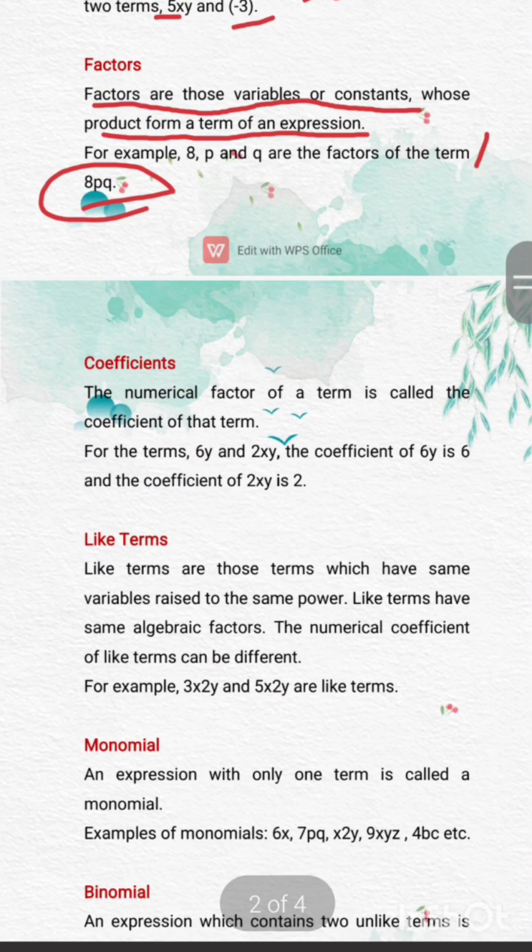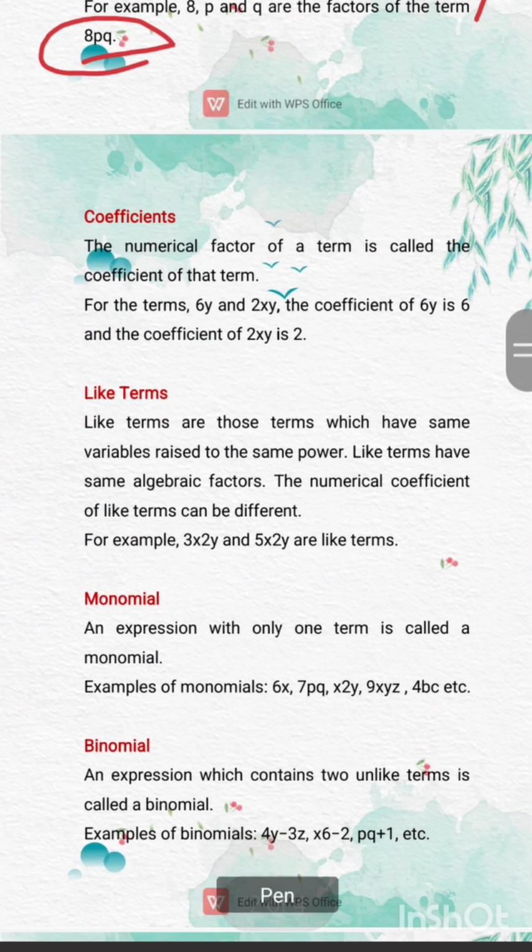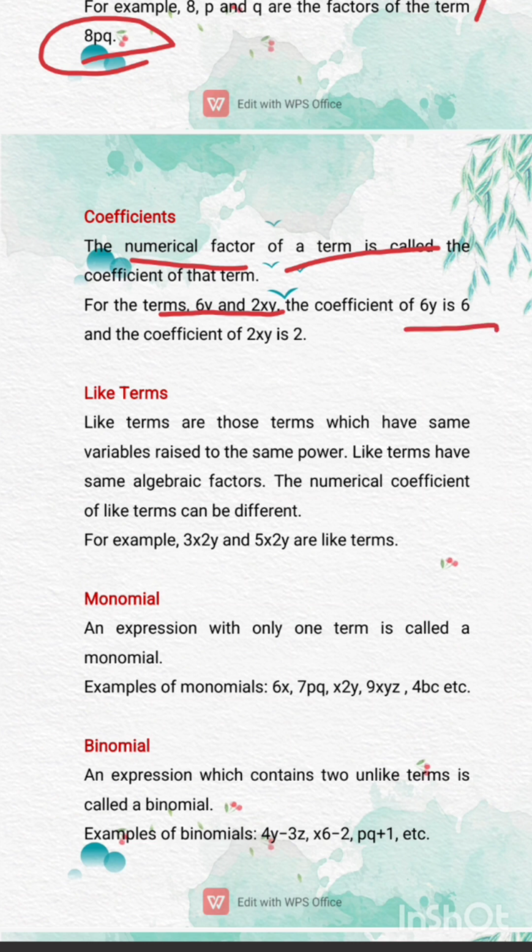Now next we should know about the coefficient. The coefficient of a term is any numerical factor. Here you can see in 6y and 2xy, 6 is the coefficient of 6y and 2 is the coefficient of 2xy.